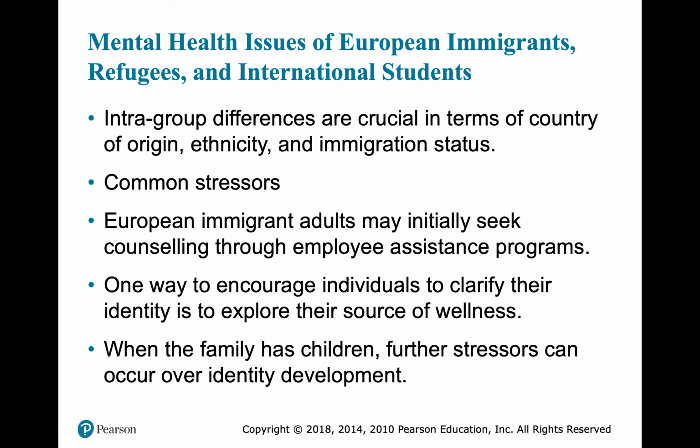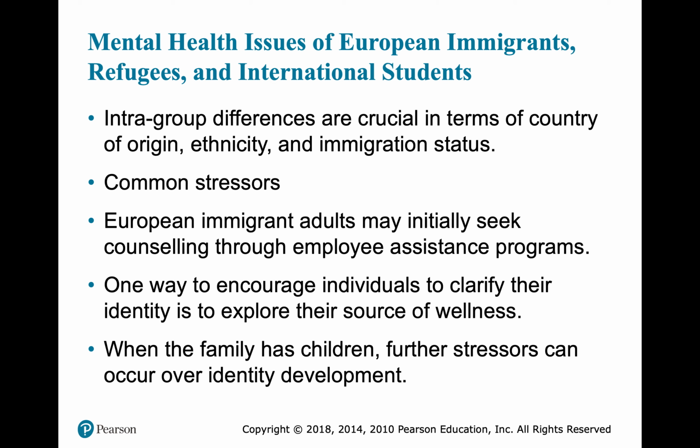Cultural conflict between the dominant culture in America and the culture of their home. Financial problems, and this can lead to marriage conflicts. So European immigrant adults may initially seek counseling services due to employment and or financial concerns as a result of their transition. So often it's through an employee assistance program, something like that.